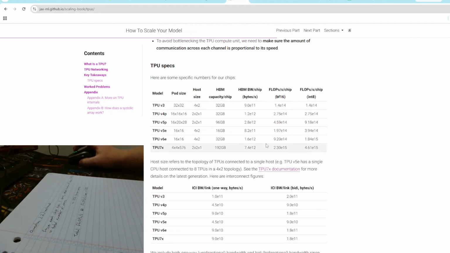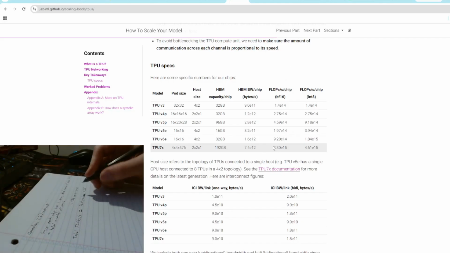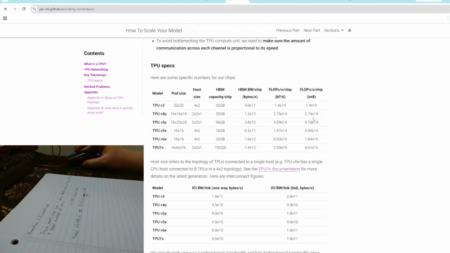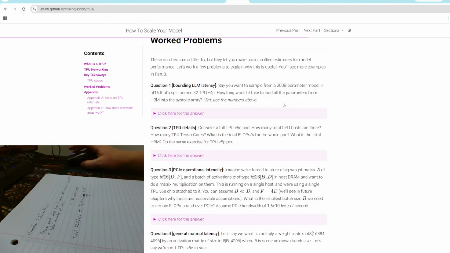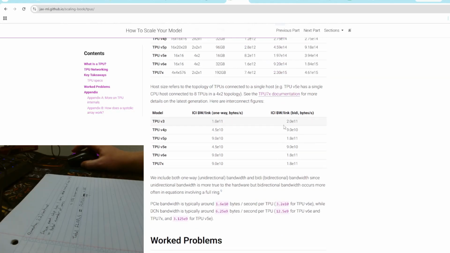Let's go back here. Okay, per chip. Okay, total flops per second per chip, assuming we're doing BF16. Actually, let's write that.